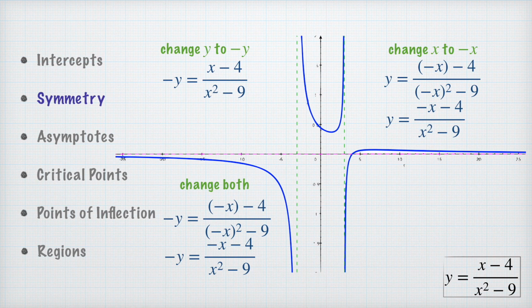So comparing the resulting equation to the given function, the equation was also changed. Therefore, we can say that the graph is not symmetrical with respect to the origin. So generally, the curve has no symmetry, and it is obvious on the appearance of the sample graph in this function.